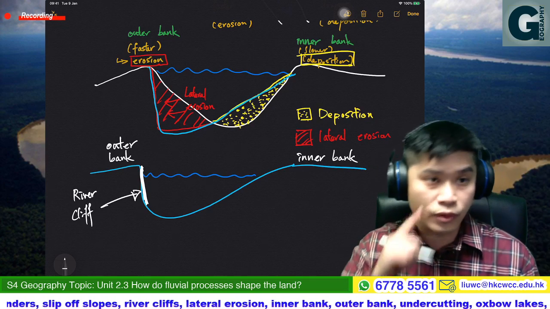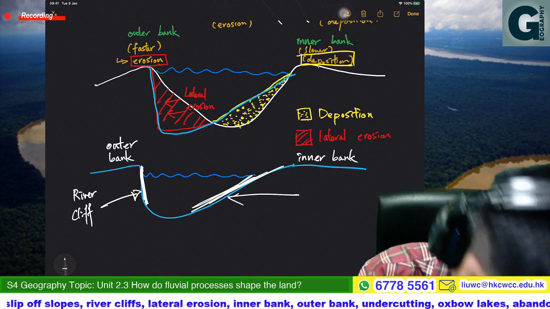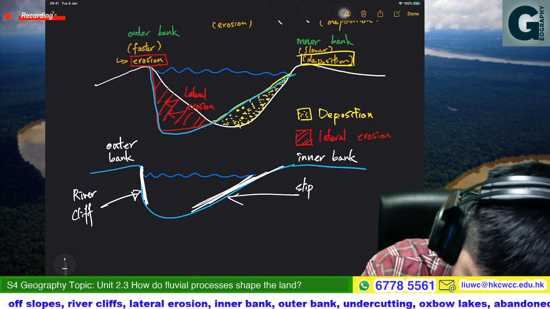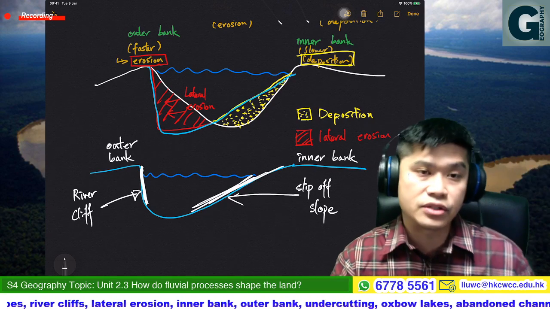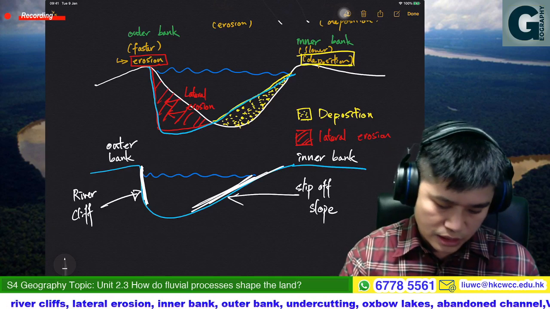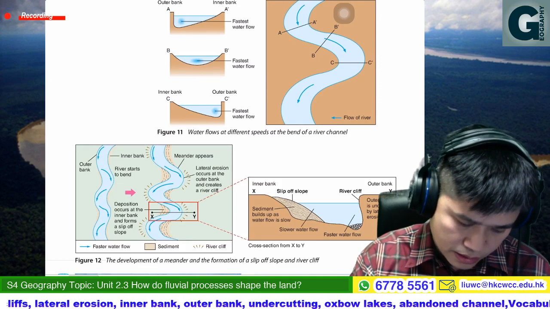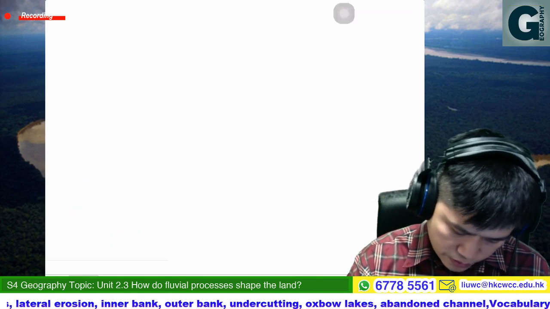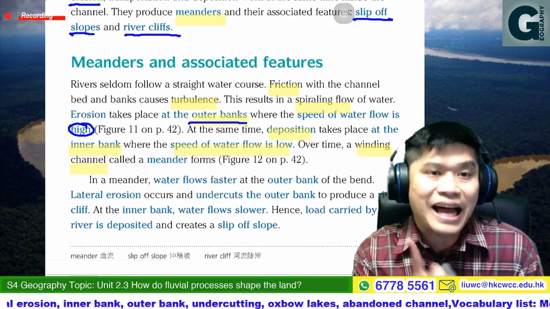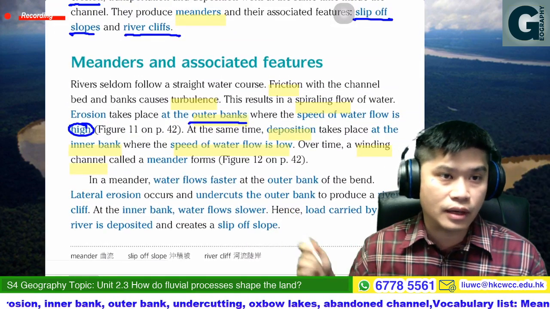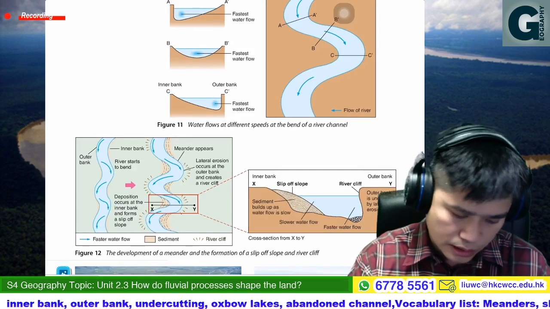And then on the other side there, that is the slip-off slope. So in your textbook, maybe the previous page, you can see how the river cliff and the slip-off slope formed.